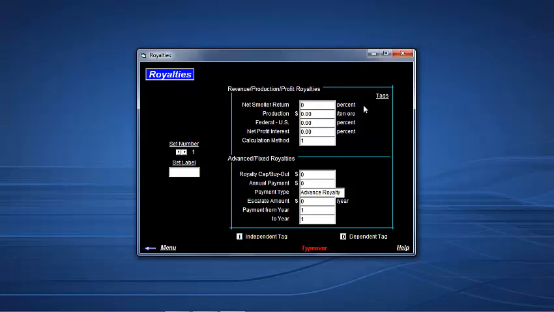Royalties are also available in the program. You can define net smelter return royalties, production royalties, and federal royalties in these cells here. And advanced fixed royalties can be defined and entered into the analyses through these cells.